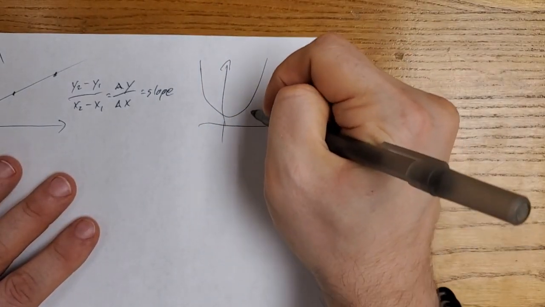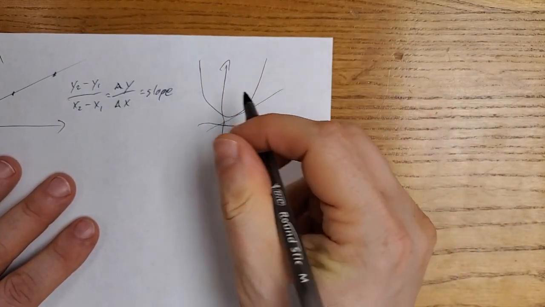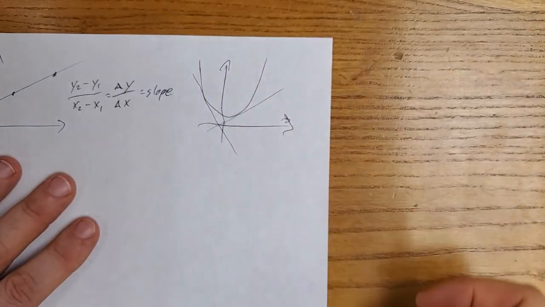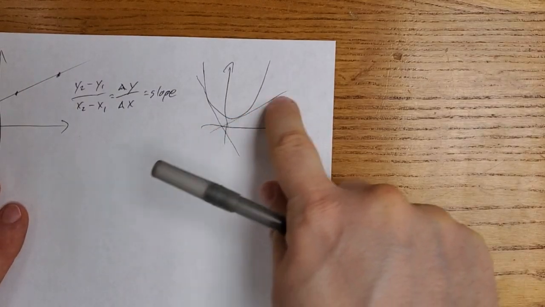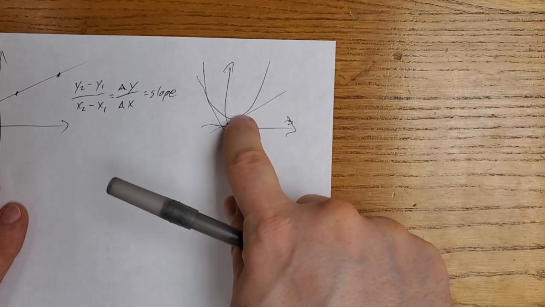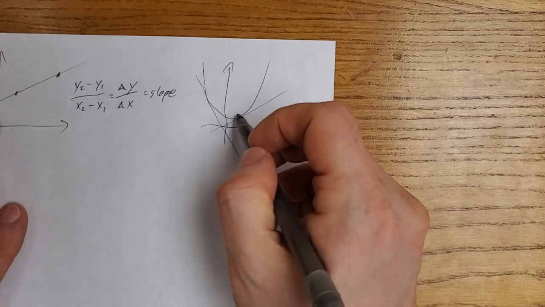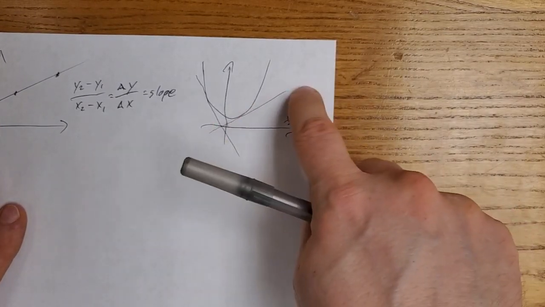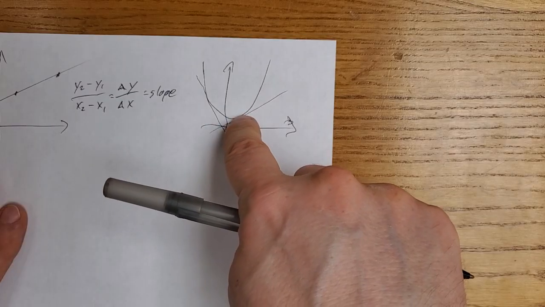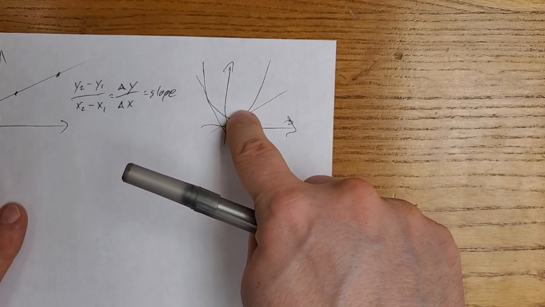The slope is changing as you go along. And you can draw some tangent lines. Anytime they say tangent, they're talking about the slope, because a tangent line to the curve at the point where it's tangent will have the same slope as the function does at that point.